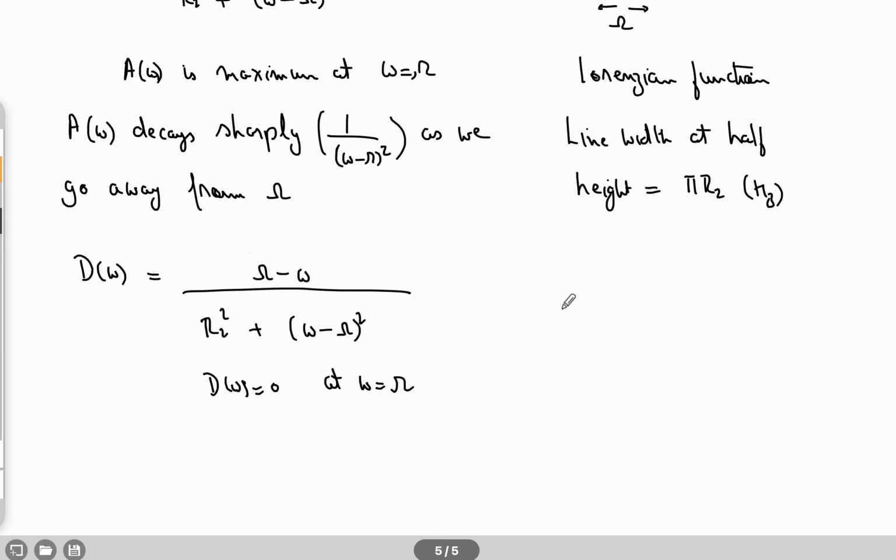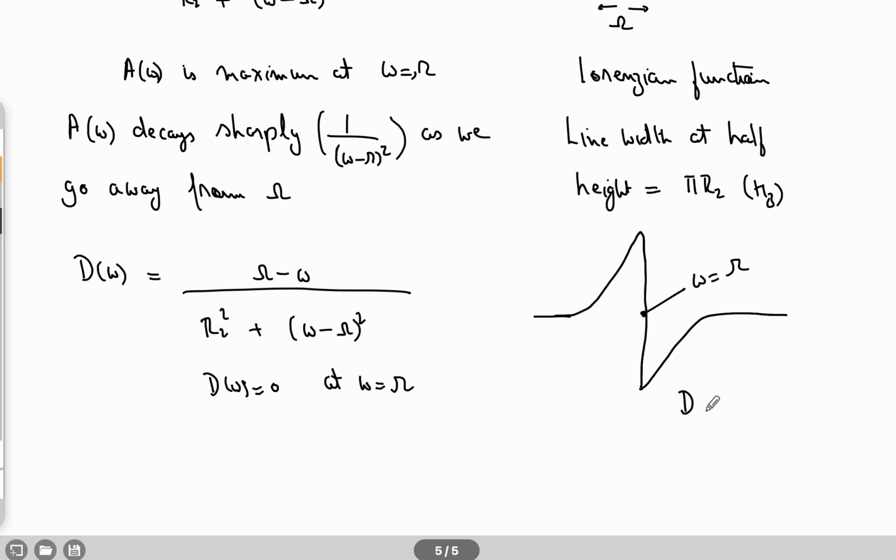So basically the functional form is something like this. This is a lot of exaggeration, but I just want to highlight a point: this point is omega equal to offset, and it decays less sharply as compared to the Lorentzian function.